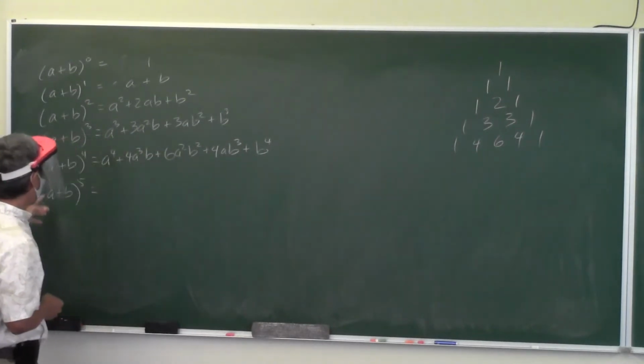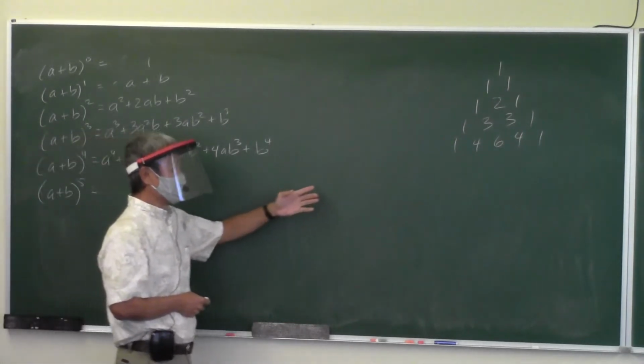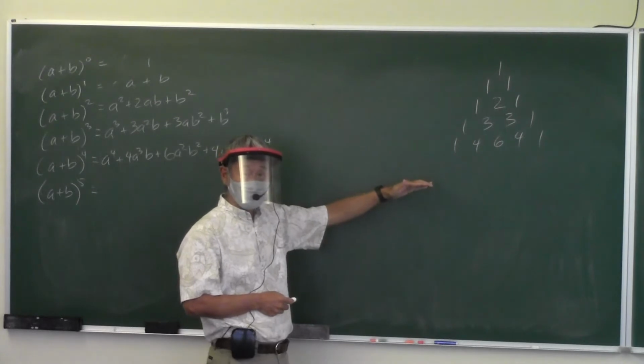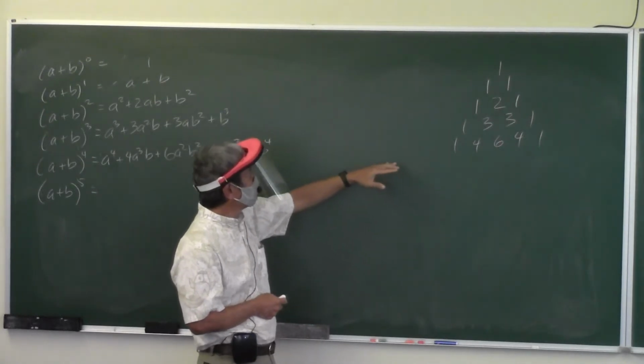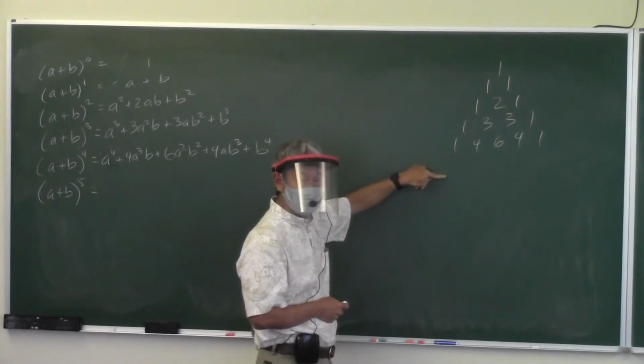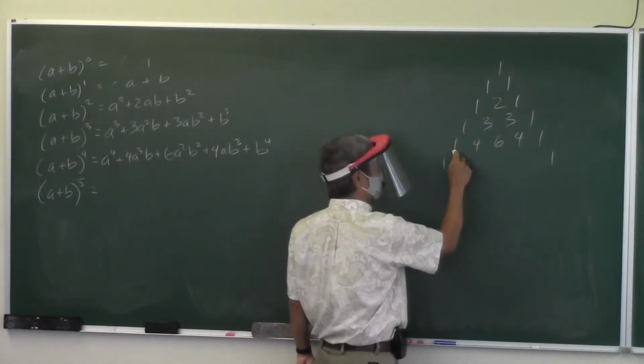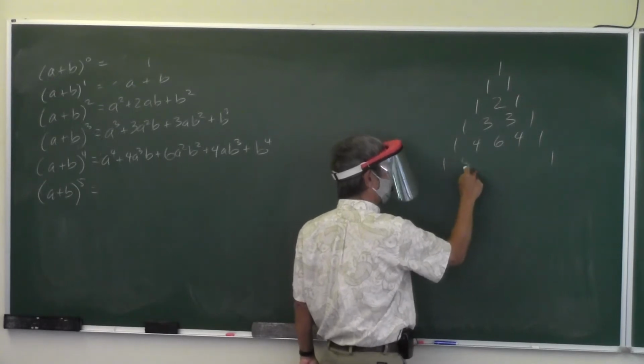Okay, so how do I expand a plus b to the 5th? Well, what you do then is you go to the 5th row of Pascal's triangle. Yeah, but Mr. Park, no, this is the 5th. No, this is the 5th row. Okay, you put 1s on the outside, add the numbers, 1 plus 4, 5.